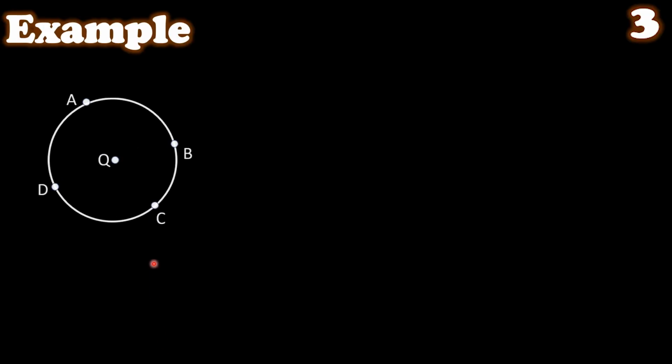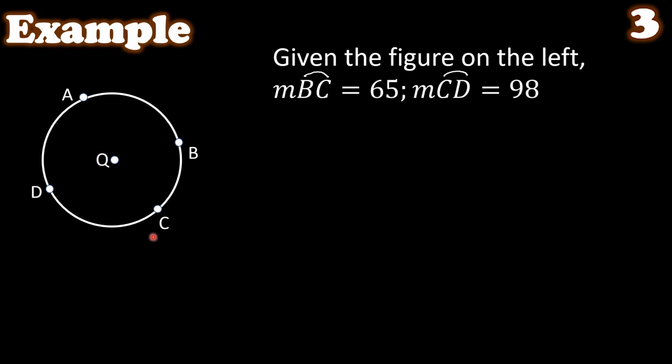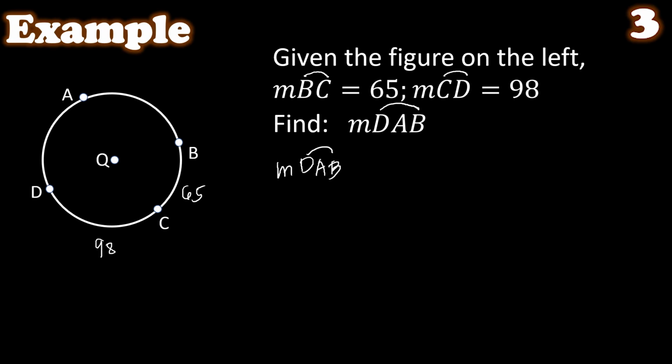Let us have an example. Given the figure on the left, the measure of arc BC is equal to 65 and the measure of arc CD is equal to 98. Find the measure of arc DAB. We can get the measure of arc DAB by subtracting the measure of arc BCD from 360 degrees.